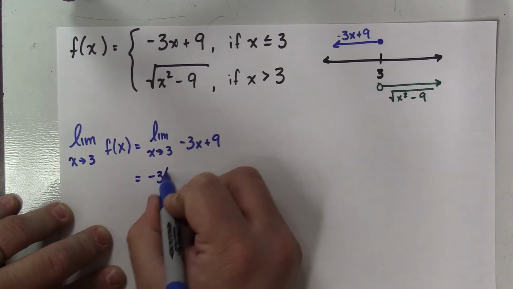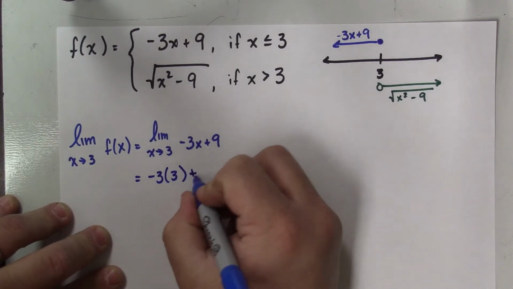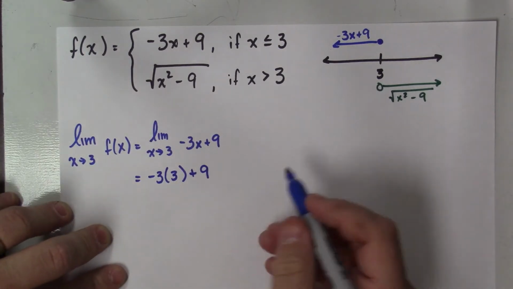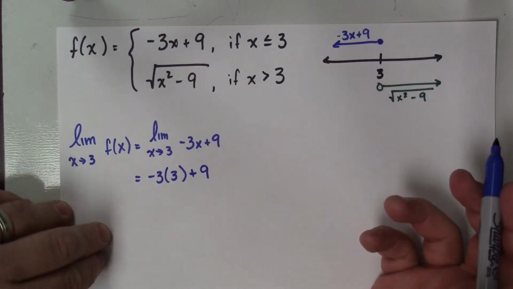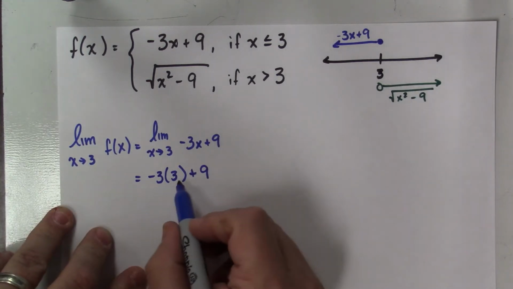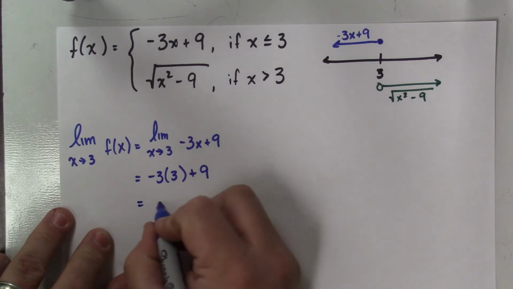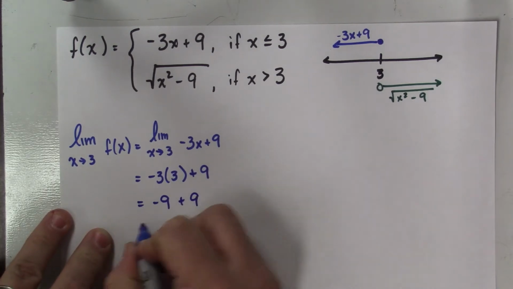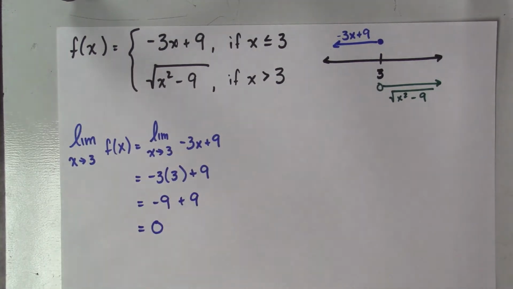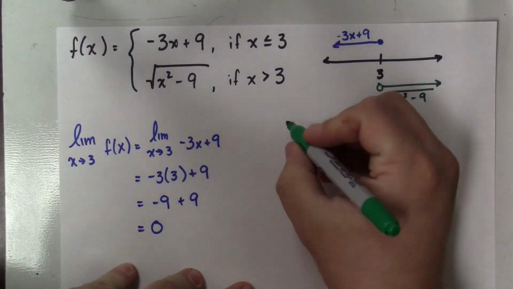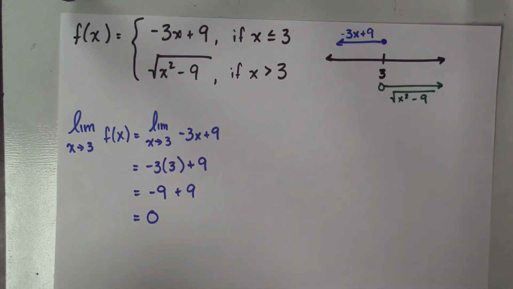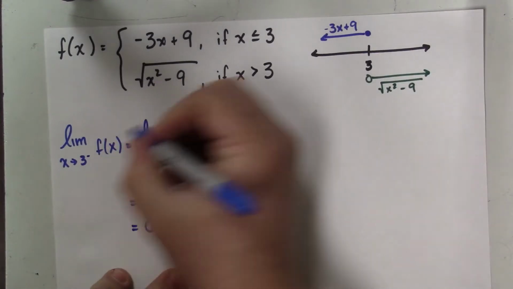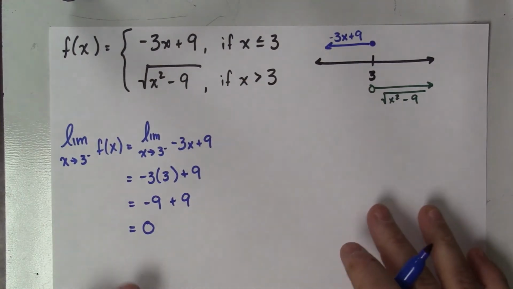So I've got negative 3 times 3 plus 9. Plugging in this 3 does not cause me to divide by 0, and I'm not taking the square root of a negative number. We're totally fine. Negative 3 times 3 is negative 9, plus 9, which is 0. Oh, I did not note that this is the limit from the left. I apologize.